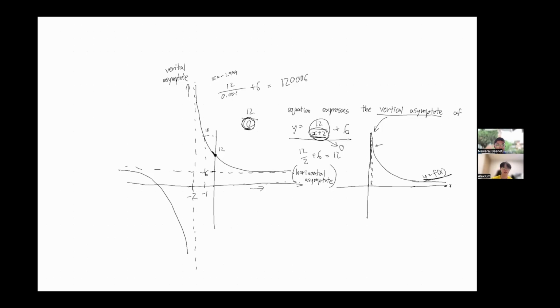You can see that for both this part and this part, they never cross the line of x equals negative 2. And because of that, we know that the line x equals negative 2, so this line here, is the vertical asymptote.